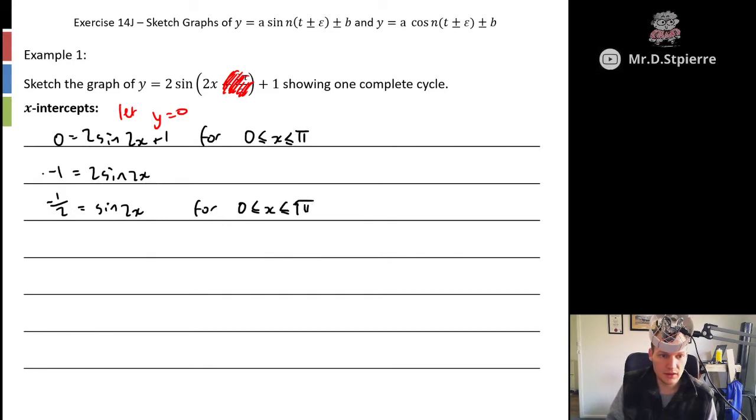Okay, so I'm going to let 2x equal to alpha, just to make life a bit easier. So it follows on that negative half is equal to the sine of alpha, or, and this is where we need to convert our domain. Okay, so we're going to convert.